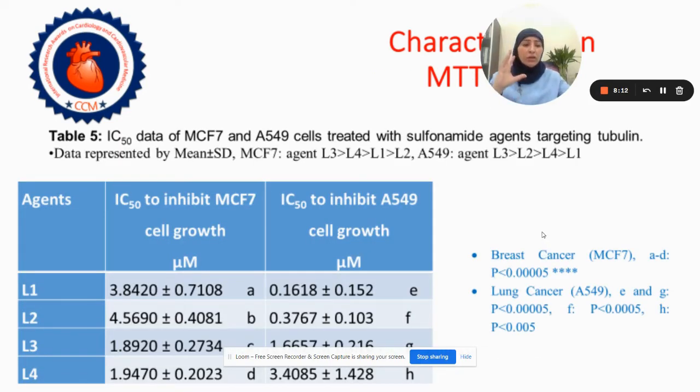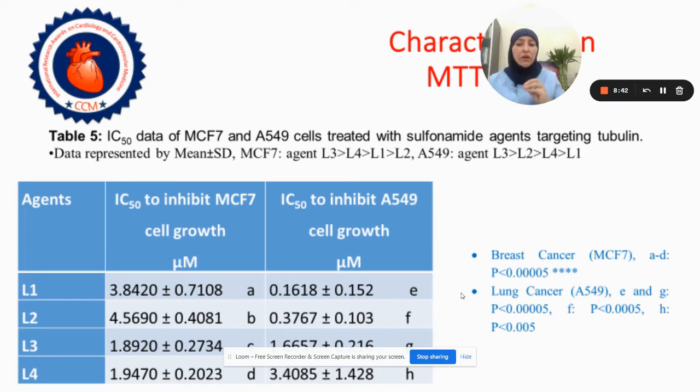After we knew that these cell lines produce tubulin, we wanted to target them. So we treated these two cell lines, MCF7 and A549, with the four sulfonamide derivatives, L1, L2, L3, L4, and we found that our agents are potent in both cell lines.